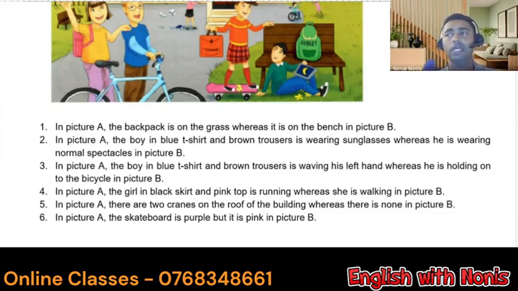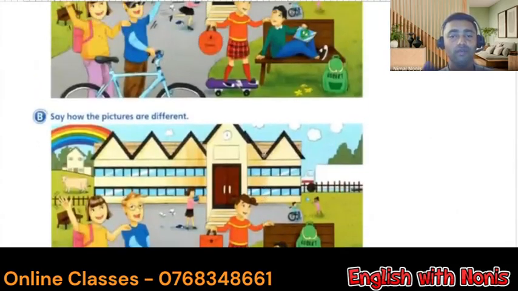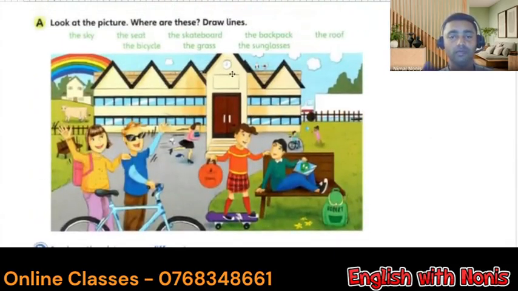You don't have to say pink color or purple color. You can simply say pink and purple. That is enough. Even if you write color, that's not a mistake, but it is not required. There are some other differences as well. Now, if you look at the first picture, there is a clock here.